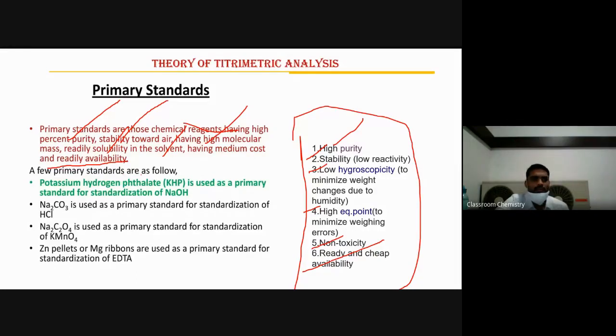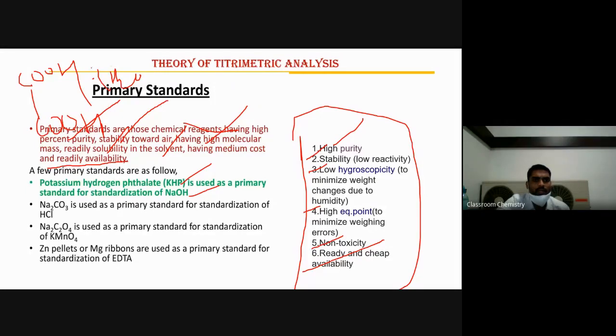Here I explain a few primary standard materials. Potassium hydrogen phthalate is used as a primary standard for standardization of NaOH. Here in our laboratory we use oxalic acid. Can you tell the formula of oxalic acid? It is a dibasic acid, (COOH)2 with twice H2O.